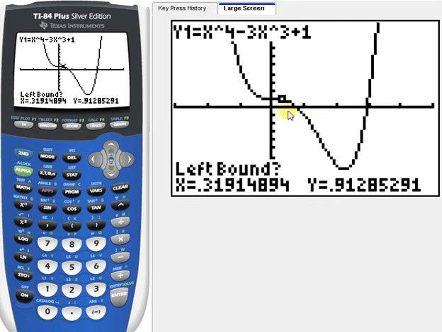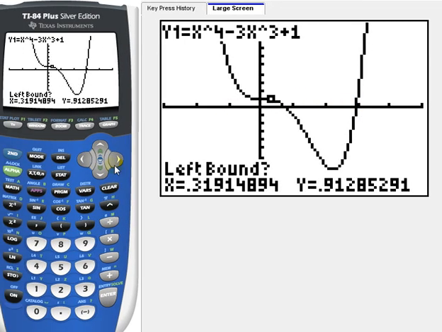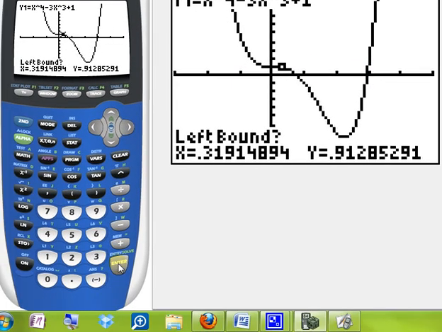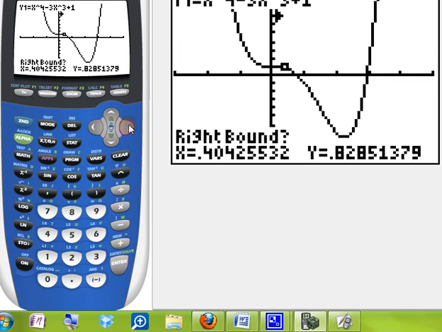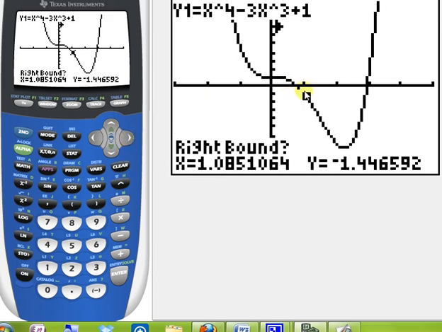This is the left side of the zero, this would be the right side. Again, you're just cropping a little piece of that so the graphing calculator will find this zero and not this one over here. Once I have placed that cursor to the left, I'm going to push enter. Now I'm going to use the right arrow key and pull that cursor over to the right side of that zero. It has to be underneath the graph.